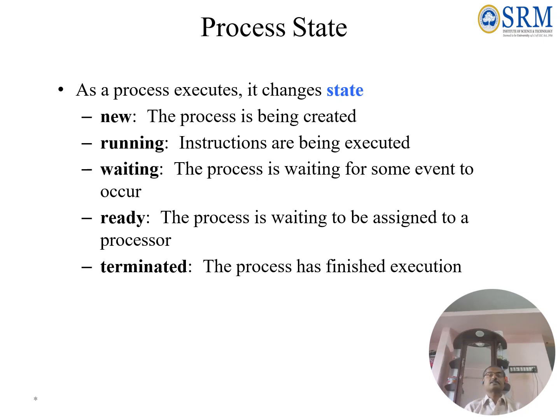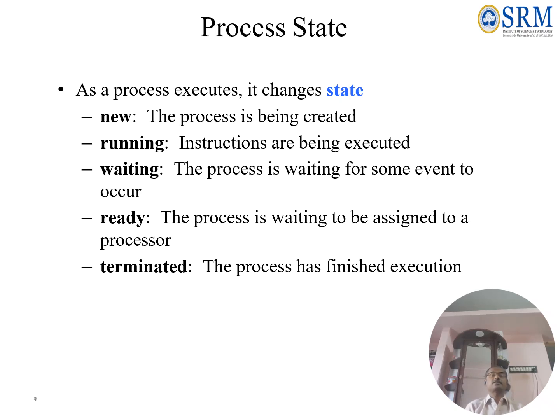Then running state: when the instructions present in the process are being executed, it will come into the running state. Then waiting state: if the process is waiting for some event to occur, say for example if it wants some IO devices, it will wait for some time, and at that point it will come to the waiting state.